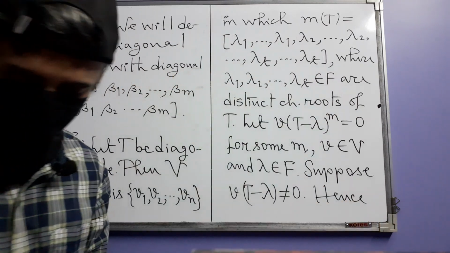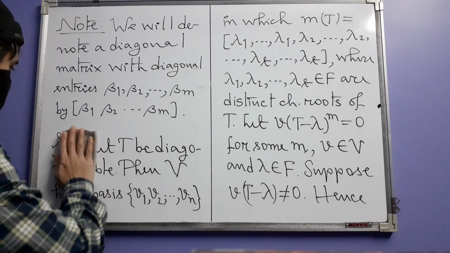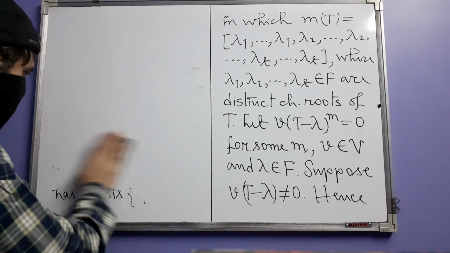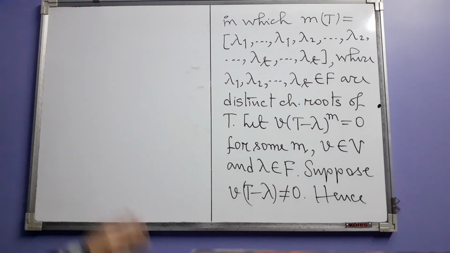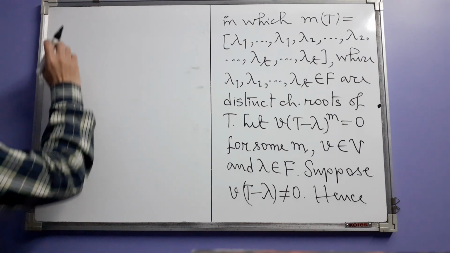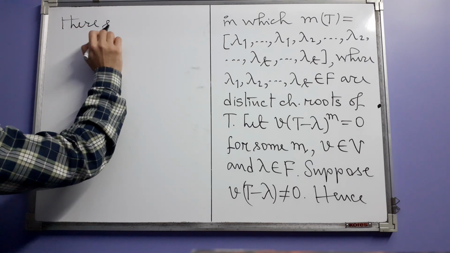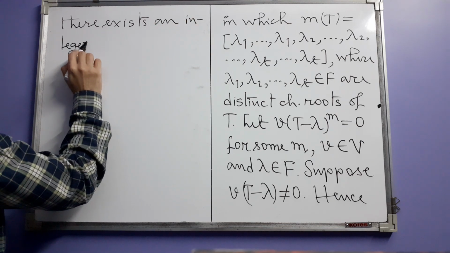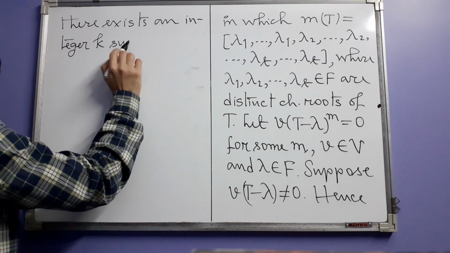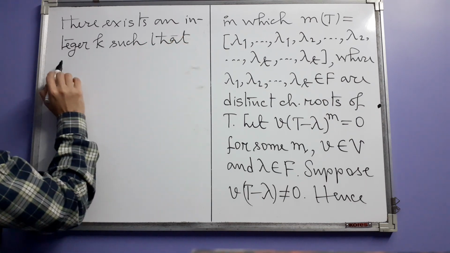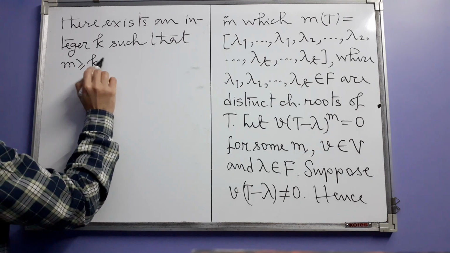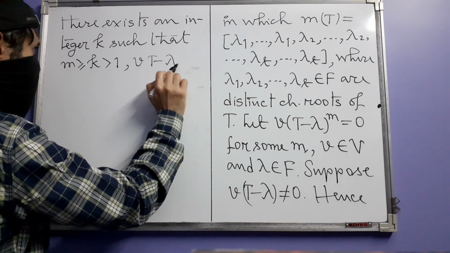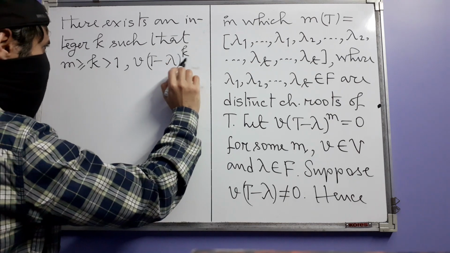Hence there exists an integer k such that we have these inequalities, and if you apply the kth power of t minus lambda on v, then you get 0.